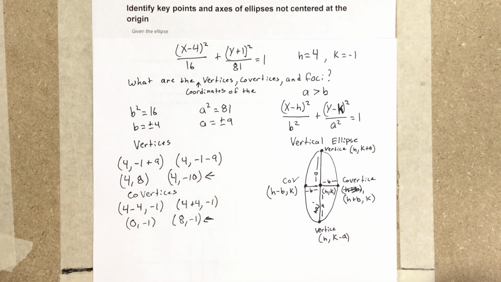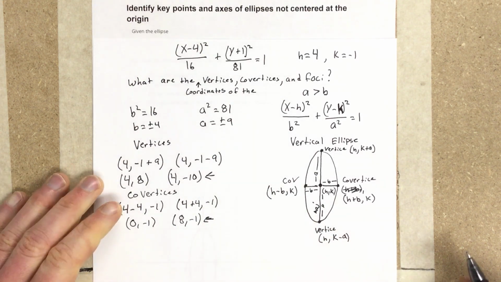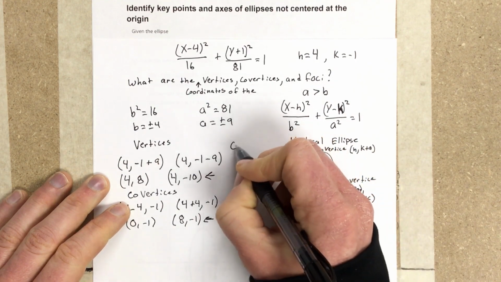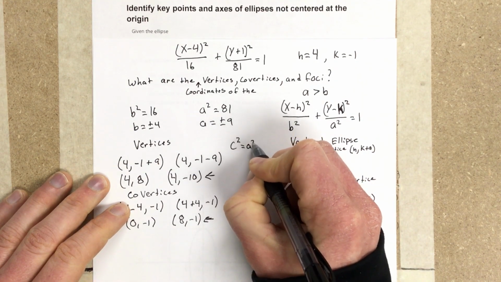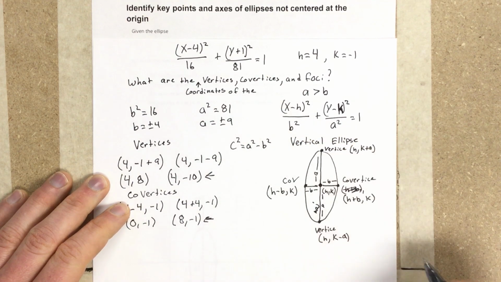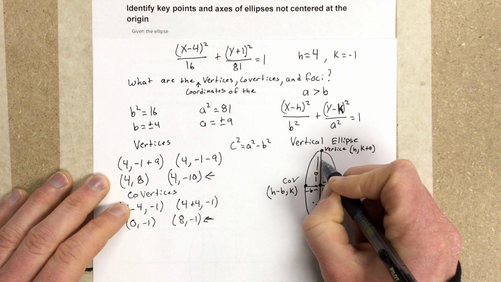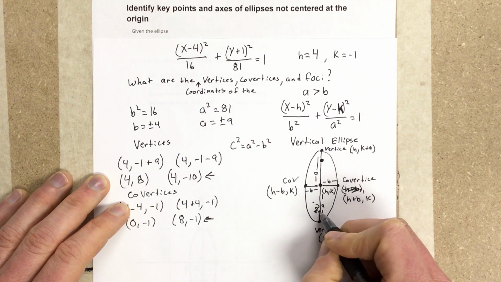Now they want us to find the coordinates for the foci. To find the foci, there's a formula that says c squared is equal to a squared minus b squared. In our case, our foci are going to be on the major axis, somewhere right in here and right in here.